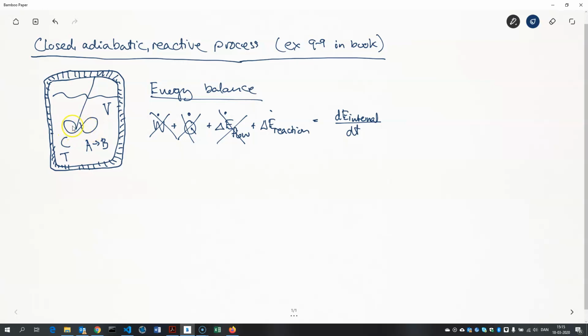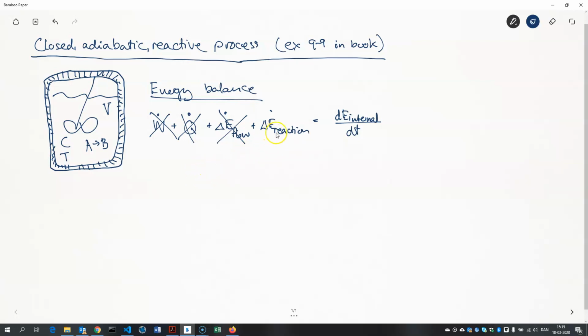There is an agitator here, but the energy that it puts into the system is negligible compared to the reaction energy. So that simplifies our energy balance quite a lot, and let's see if we can expand on it.